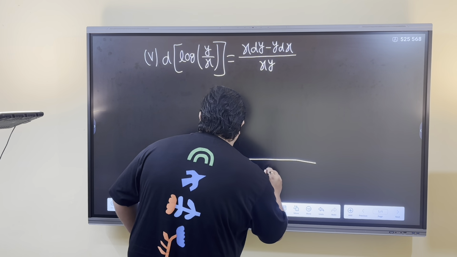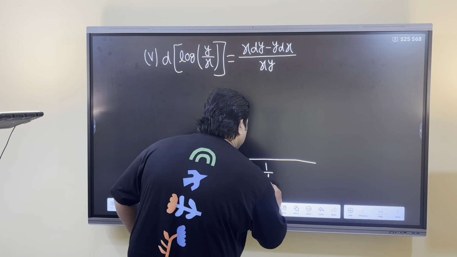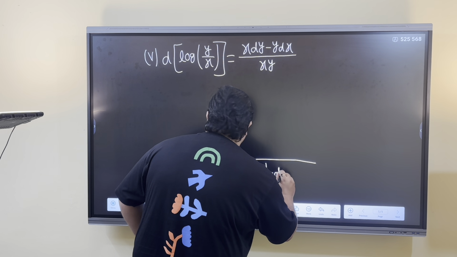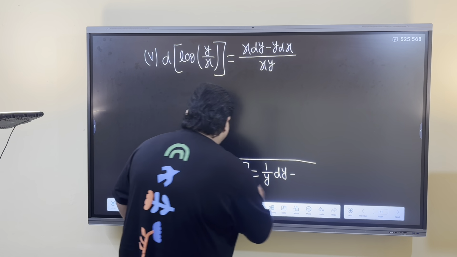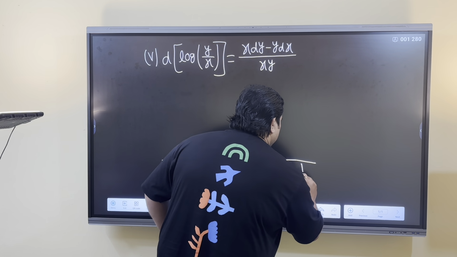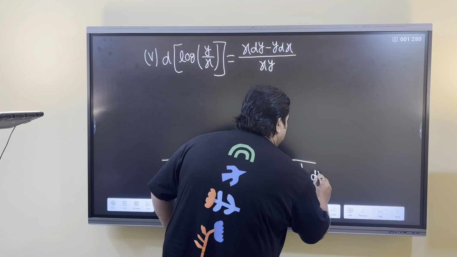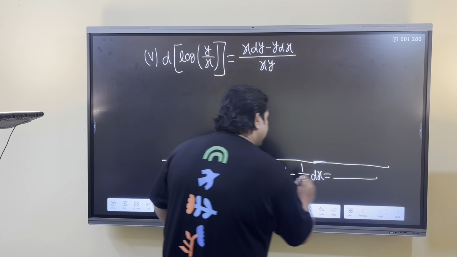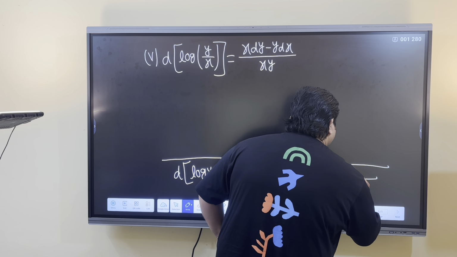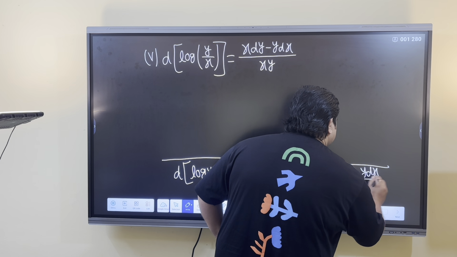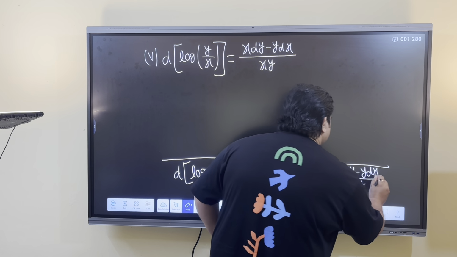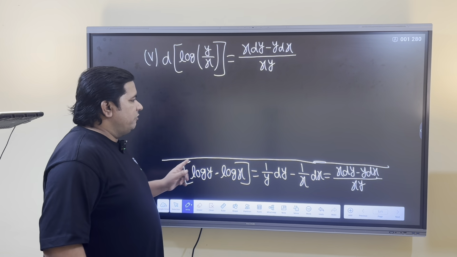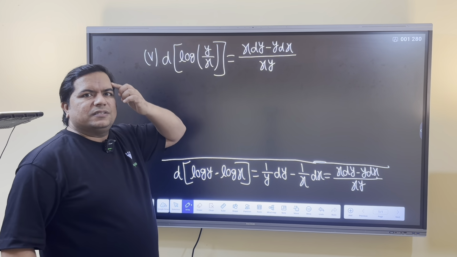It will be 1 by y and then dy, minus, similarly, the log x differentiation, 1 by x dx. So when we take the LCM, what do we get? It will become x dy minus y dx divided by the LCM of x and y, which is xy. So this is how we get it, and you can see it over there.